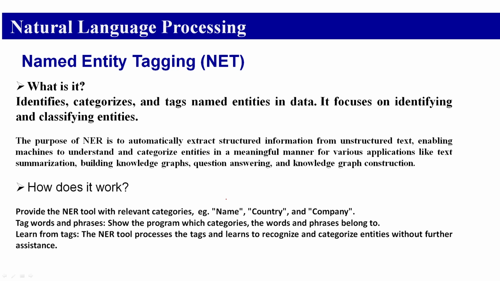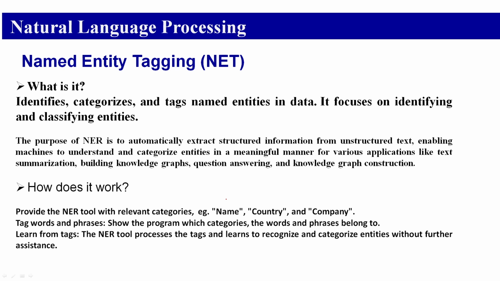The purpose of NER is to automatically extract structured information from unstructured text, and that allows machines to understand and categorize entities in a meaningful manner for various applications, right. You can create graphs or plots, that is the idea actually.